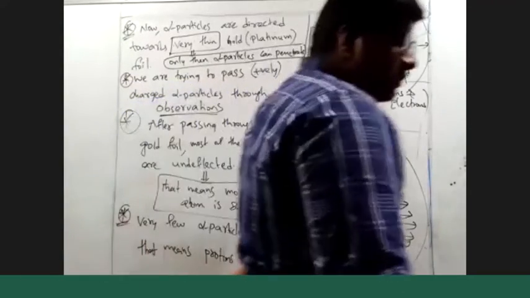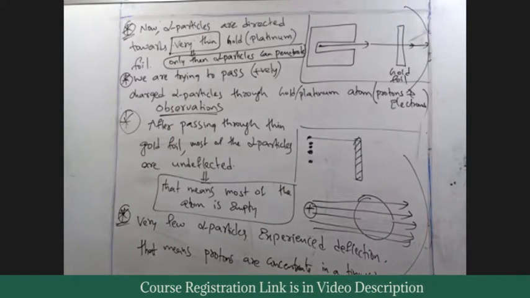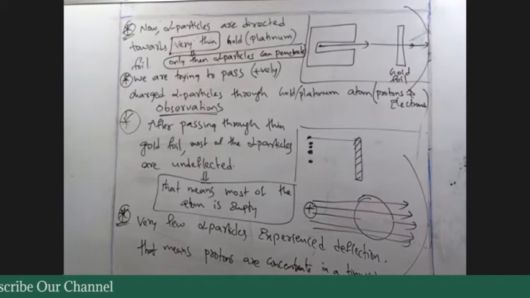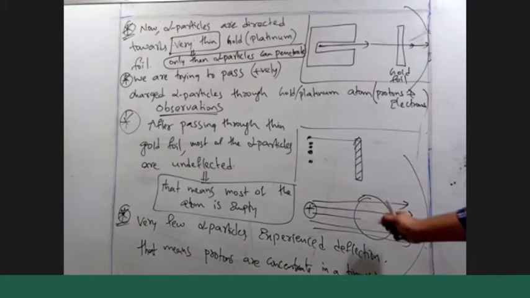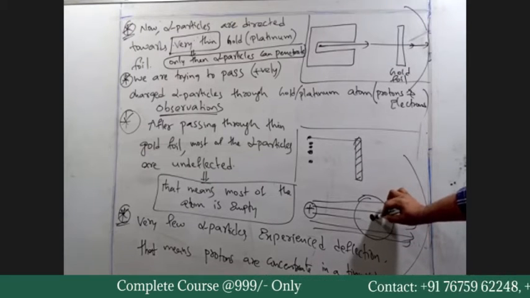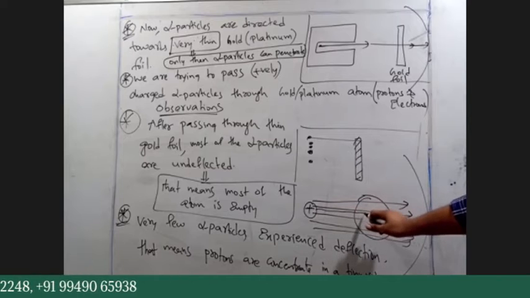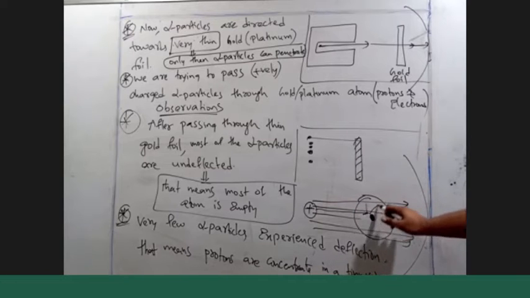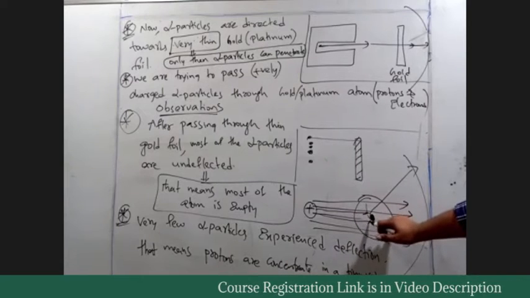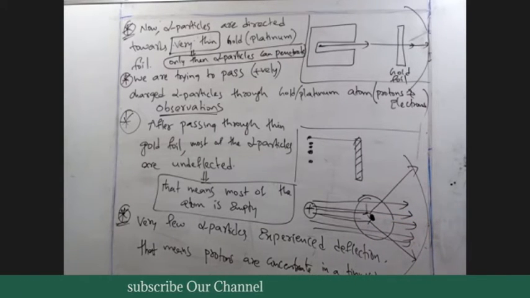So write down all these things. What do you mean by that? Very few alpha particles experience deflection means protons are there, right? So whatever the positively charged particles inside an atom, those are protons. So they are present in a very tiny volume at the center. So then only these alpha particles, when they move towards the center, will experience repulsion and hit this point. Alpha particle coming towards the center experiences repulsion and hits this point. Okay, write down this.